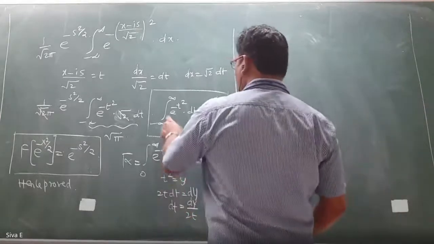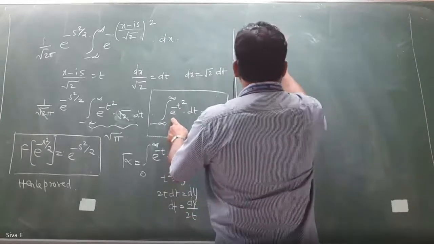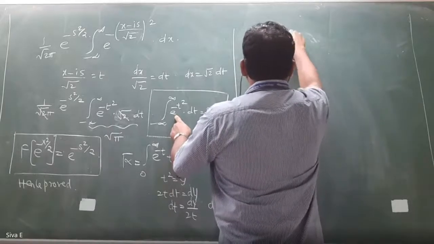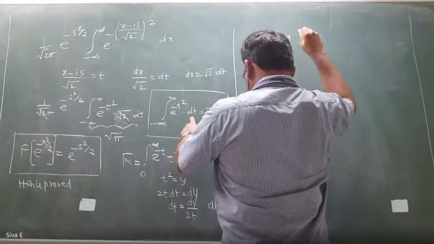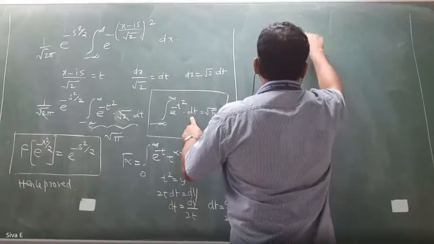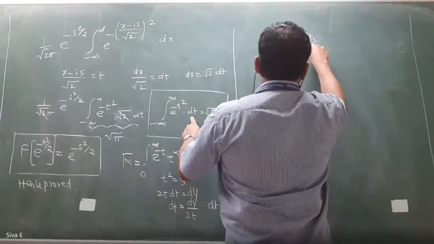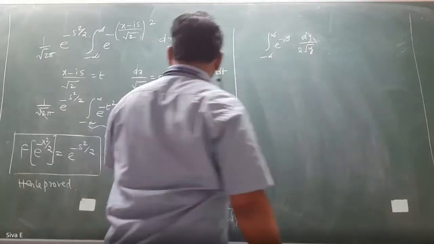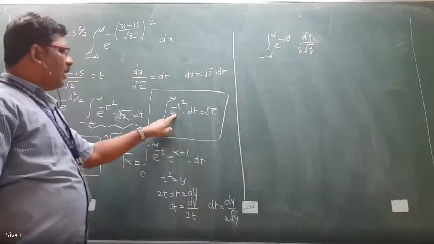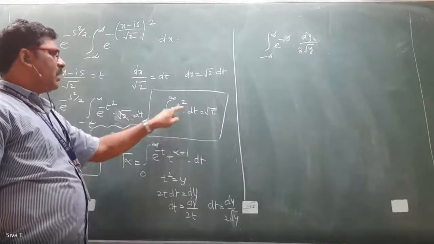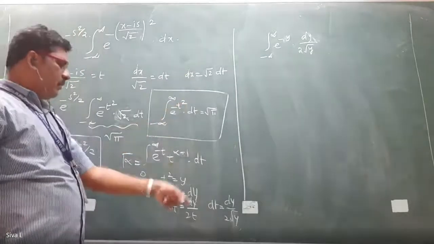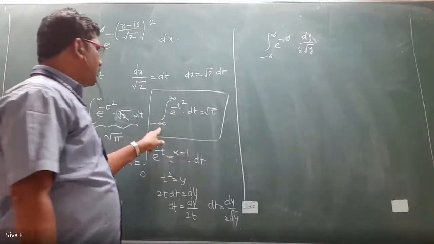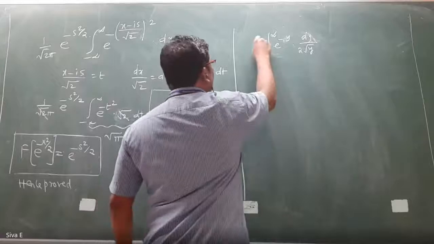So if you substitute here, from minus infinity to plus infinity, e power minus y, dt is dy by 2 root y. But e power minus t square is an even function, so we can write this as 2 into the integral from 0 to infinity.